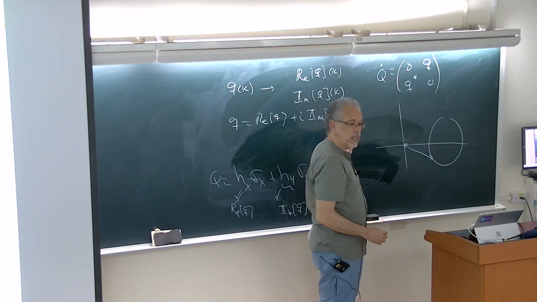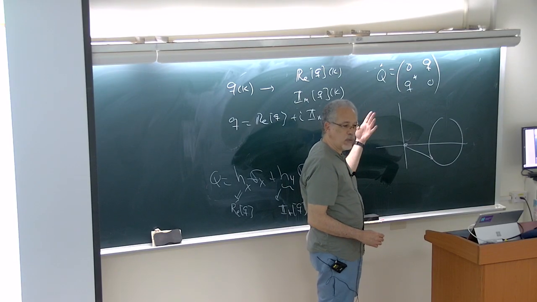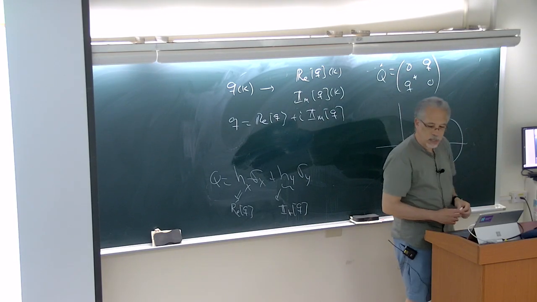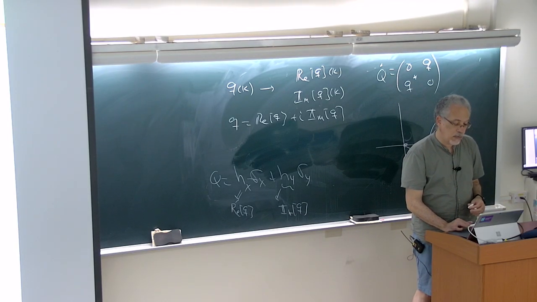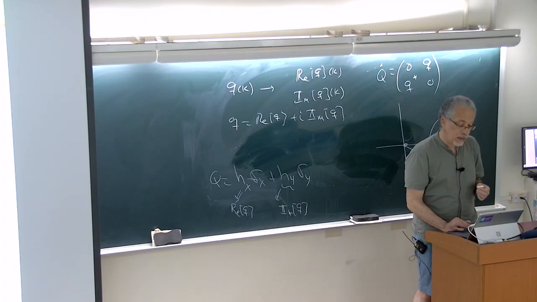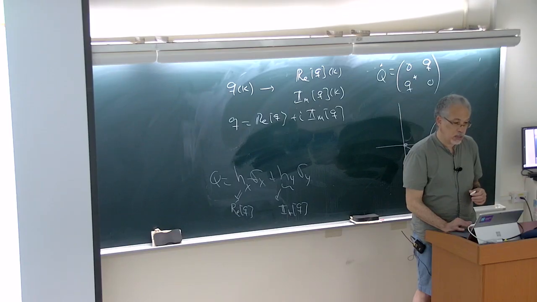You can do this in this case also because you can put this fake symmetry, and you can write this. You will have to make the plot in the YZ plane because there is no sigma x here.